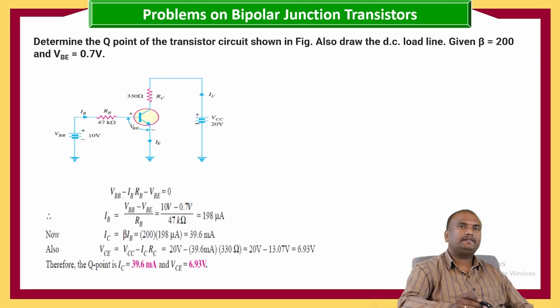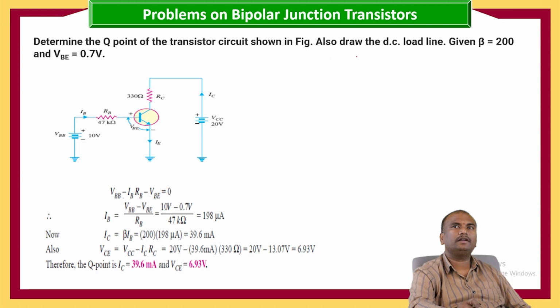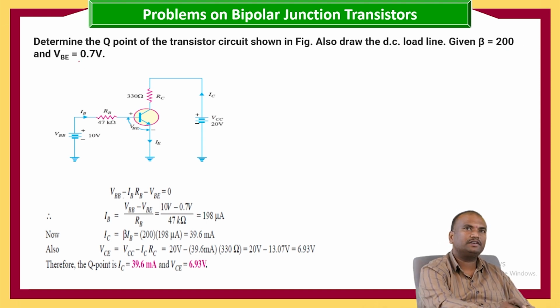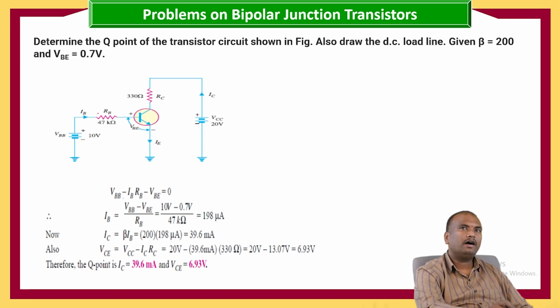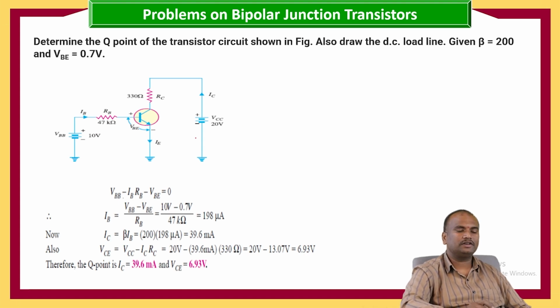The next one is determine the Q point of the transistor circuit shown in figure. Also draw the DC load line given beta is equal to 200 and VBE is equal to 0.7 volts. Here the data given is VBB is 10 volts, RB value is 47 kilo ohms, RC value is 330 ohms, VCC is equal to 20 volts.